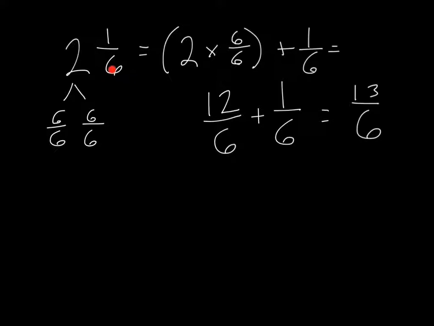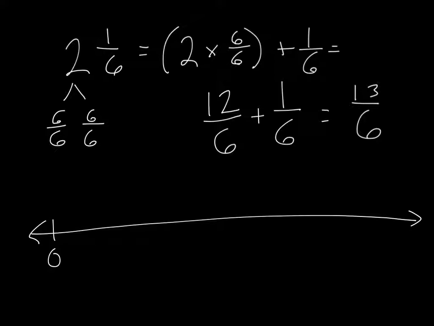So now I have taken my mixed number, 2 and 1/6, and have turned it into the improper fraction of 13/6. Now let's use a number line to really see how that worked. So I'm starting with 0. Here's my 1 whole, 2 whole, and because my units are 6, now I'm going to break this number line up even further into 6.